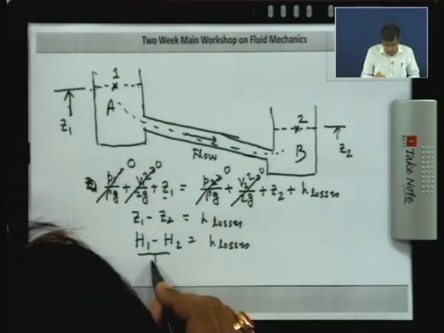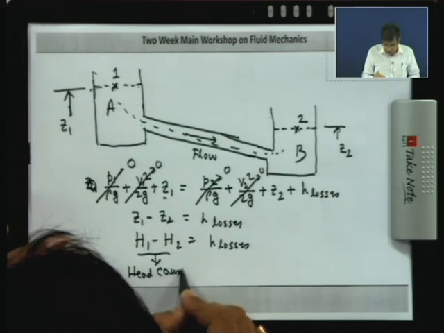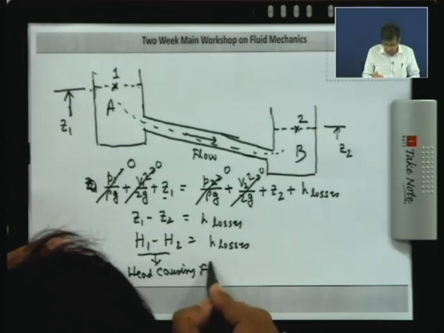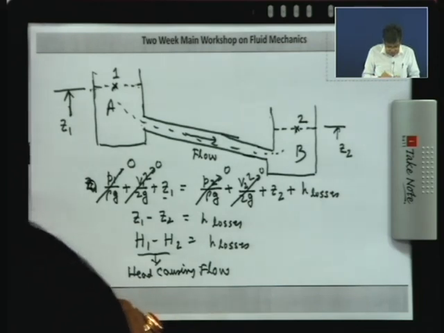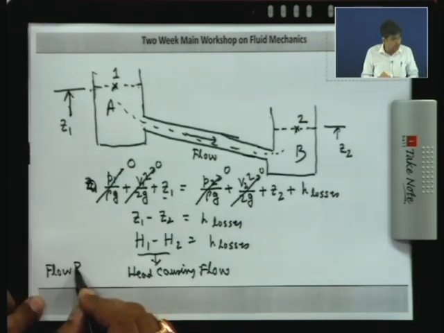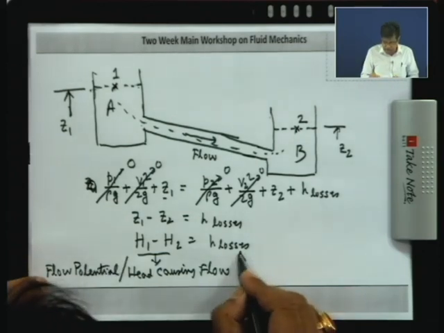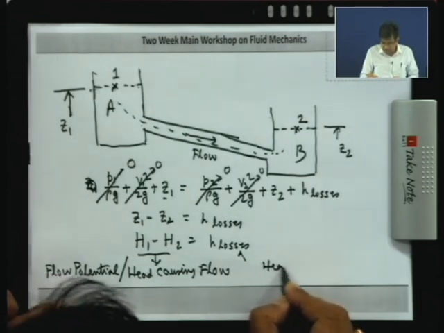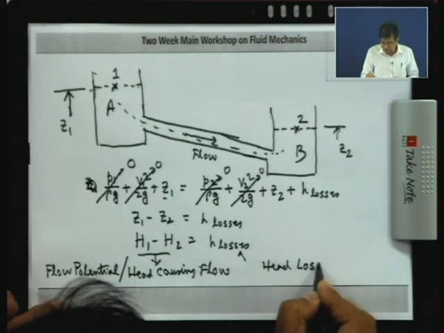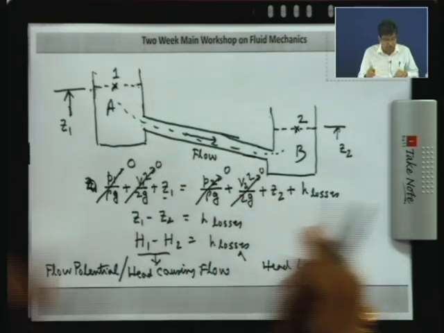This is known as the head causing flow, or the flow potential, and this is the head loss, the energy loss, due to the flow resistance.